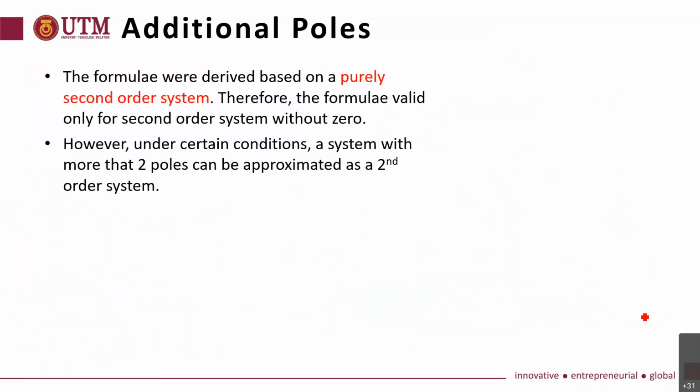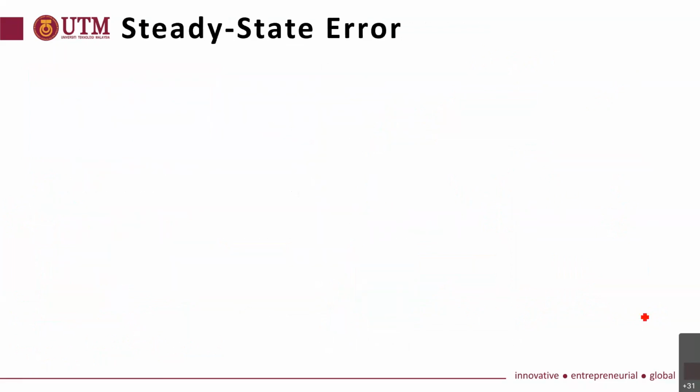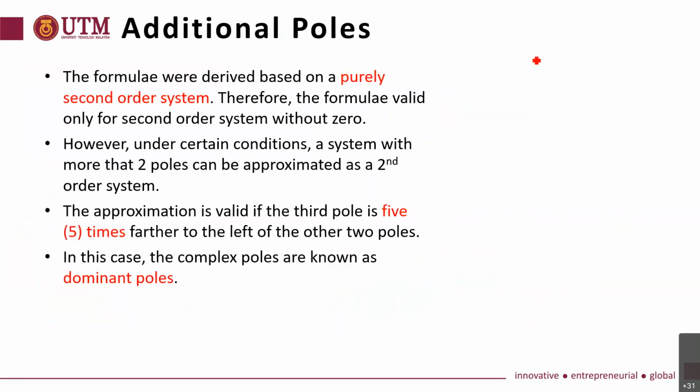All the formulas, Ts, Tp, for example, I just take one example. Let's say Ts is 4 over zeta omega n.